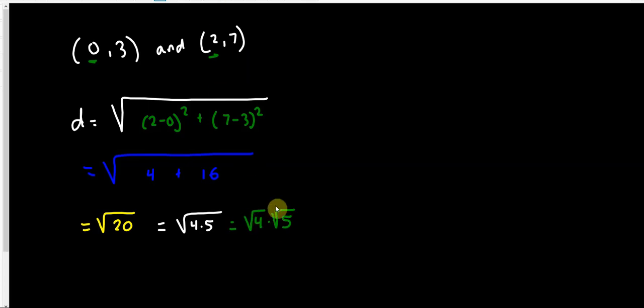And then I know the square root of 4 is 2. So if I simplify this down all the way, the distance between those 2 points is 2 square root of 5. Okay, nice. That wasn't too bad, and it reviewed a few skills from last class, like simplifying these radical expressions.